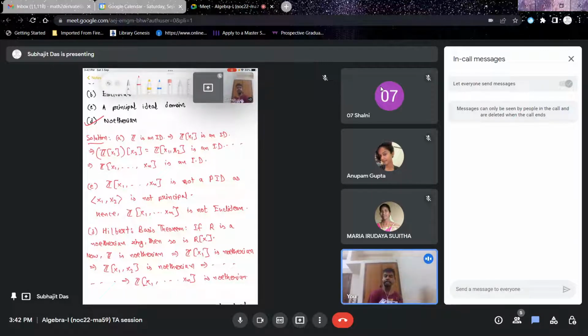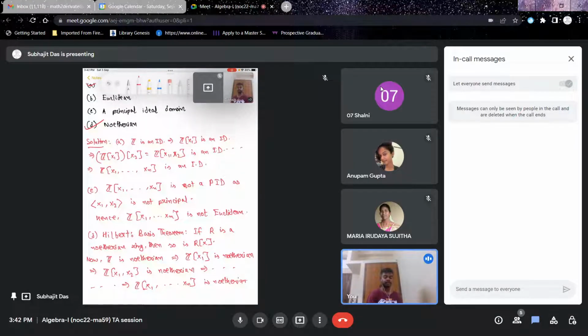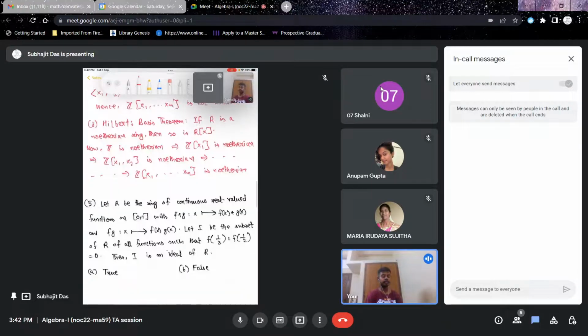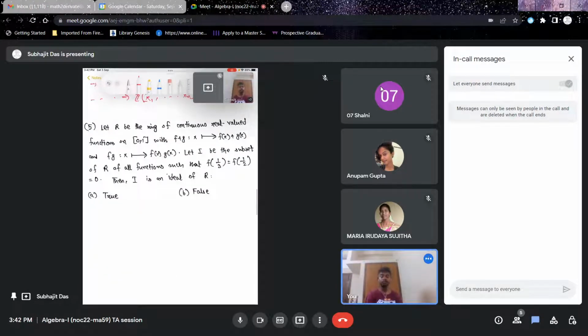There is a small trick involved there, but you can just Google it. It's very popular. You can just write Hilbert's basis theorem and you'll get a proof. There is also a very nice story concerning philosophy and mathematics involved here. There was some argument between two mathematicians, so you can just Google it all and find it. So let's move on to the next problem.